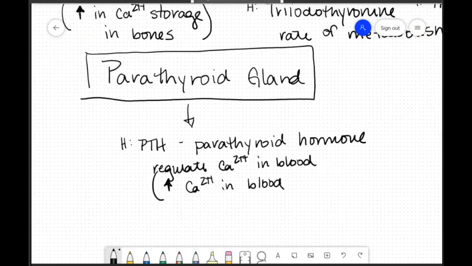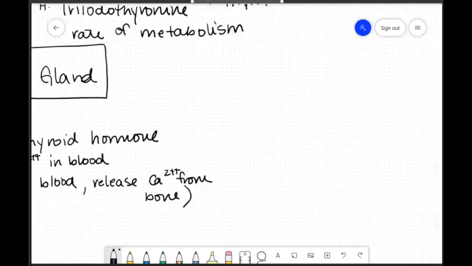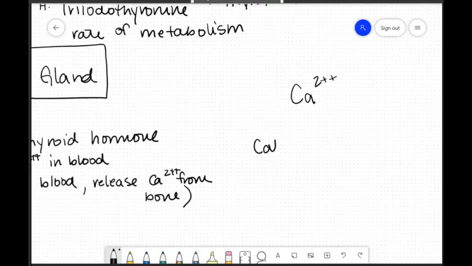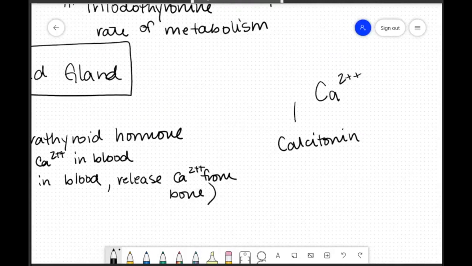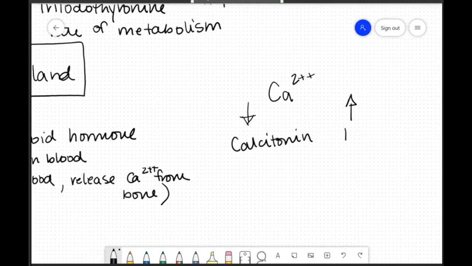The way it will actually do this is it will release that calcium from bone. So your calcitonin and your parathyroid hormone will work in opposition. So if we have calcium, your calcitonin will decrease the calcium levels, whereas your parathyroid hormone will increase your calcium levels.